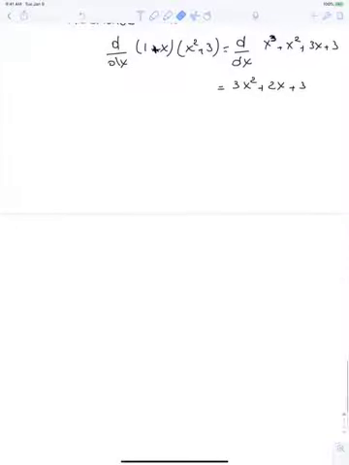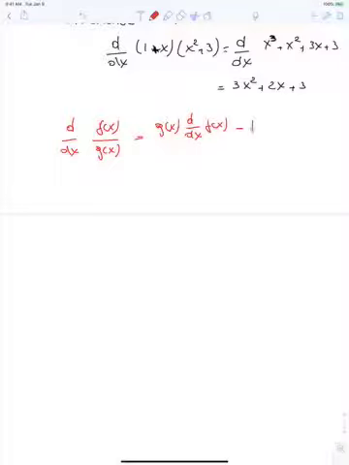Well, then there's the derivative of a quotient. So if we have the derivative of f of x divided by g of x, this is the second function, the denominator g of x, times the derivative of f of x, minus f of x times the derivative of g of x.